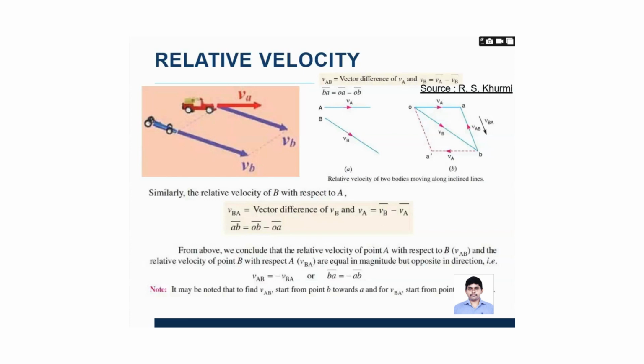These are some examples of movement in a vehicle. It may be V of A or V of B, represented by V of BA equal to the vector V of B minus the vector V of A, and similarly for OA and OB. That is represented using the schematic diagram.